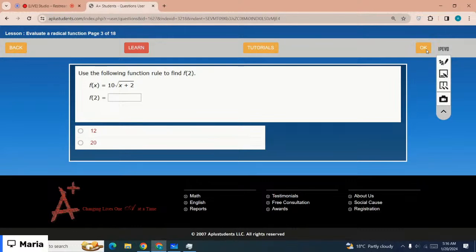You need to calculate the function f of x equals 10 square root x plus 2. You have to evaluate at f of 2. So, replace the x with 2.